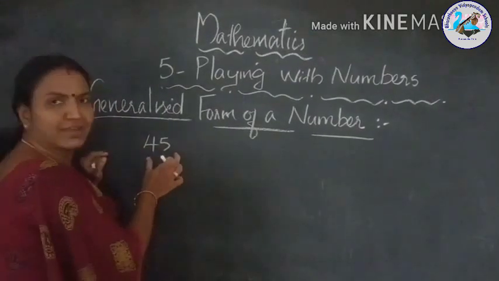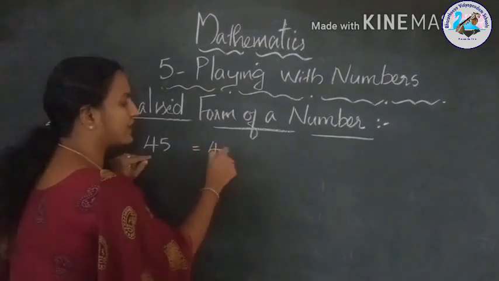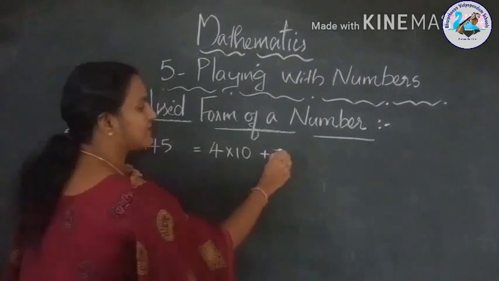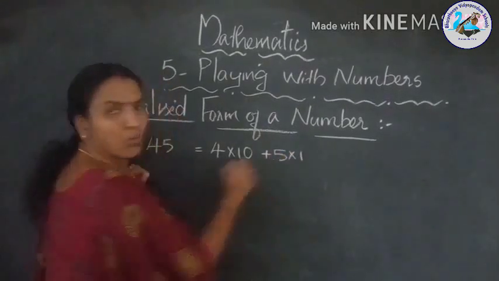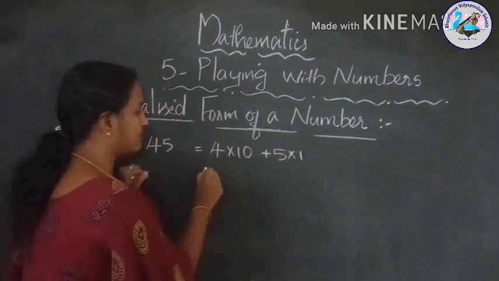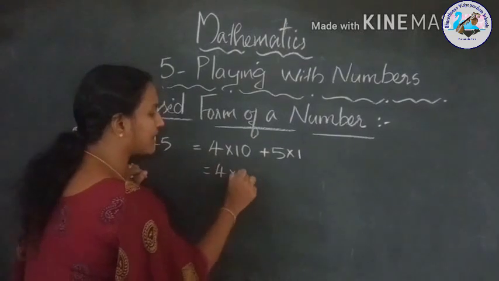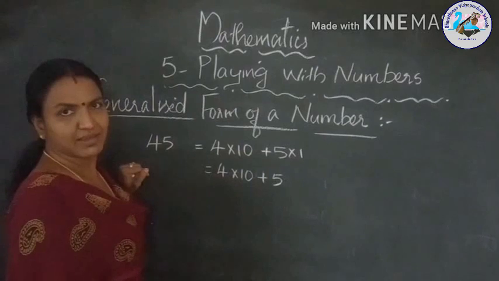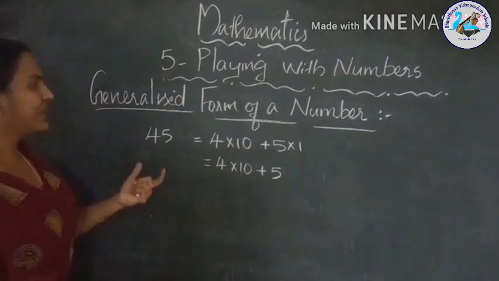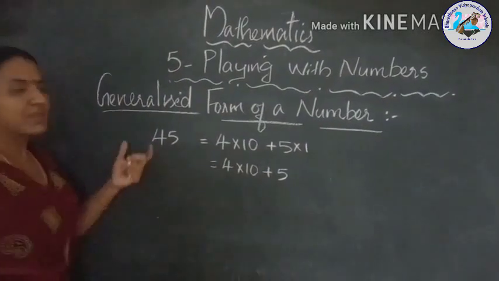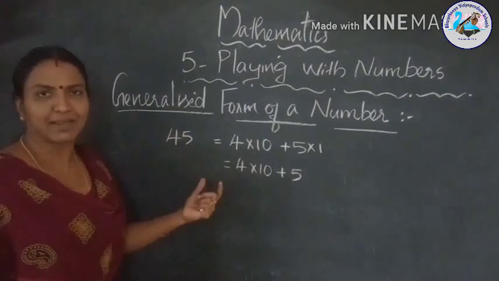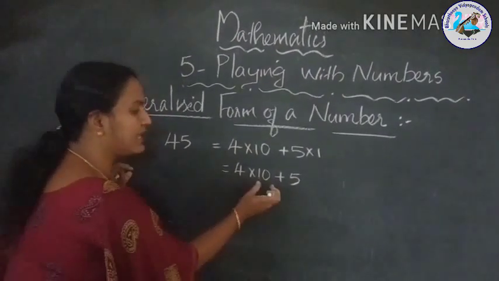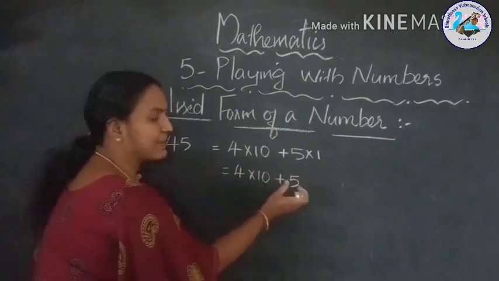So 45 can be written as 4 into 10 plus 5 into 1, which is 4 into 10 plus 5. So in general, the general form of a 2-digit number can be written as 10a plus b.